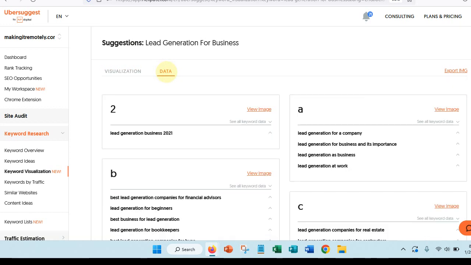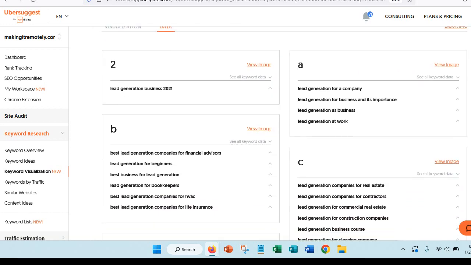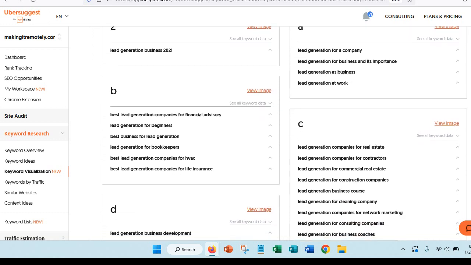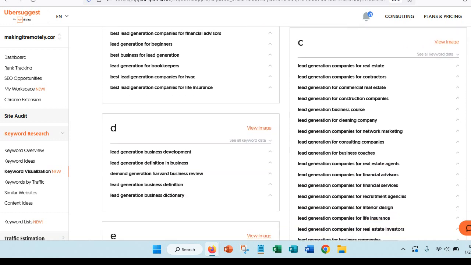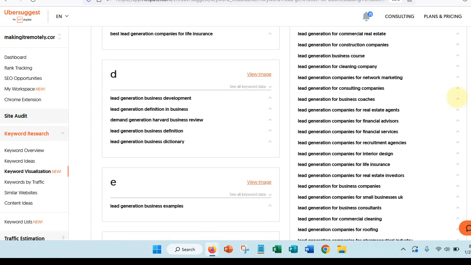And then when you click on the data tab, it breaks it down by alphabet. So these are the actual terms that were in that visualization. Look at this: lead generation for a company, lead generation for a business and its importance, lead generation as a business, lead generation at work, lead generation for a cleaning company, lead generation business course.